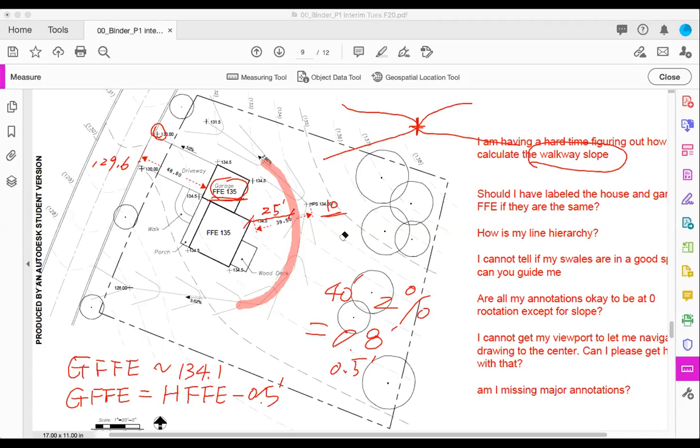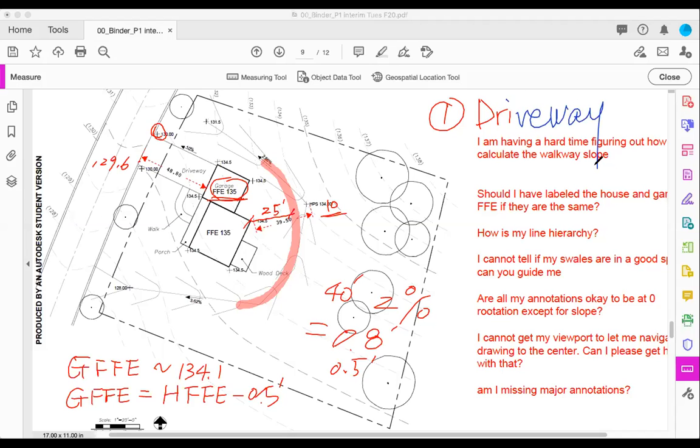So for you, Olivia, I would suggest that you first adjust your driveway, so you know your garage FFE. You will have a better garage FFE.